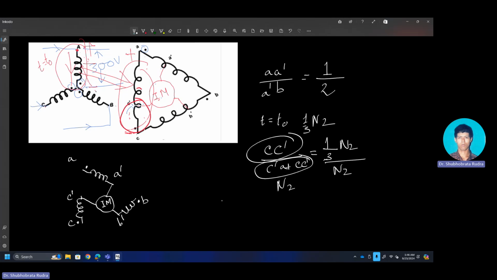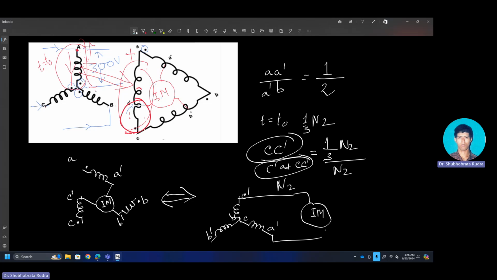So what I can do, this diagram, I can do a simplified equivalence, that is like this. And here you have your induction motor. So basically it is a star connection kind of thing.